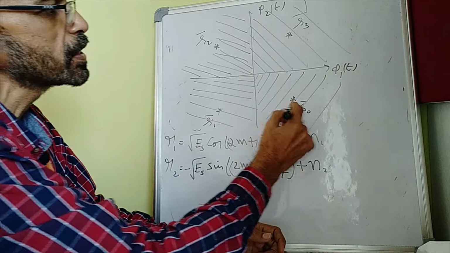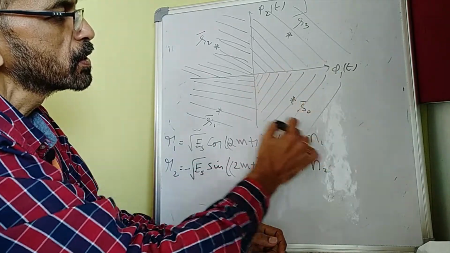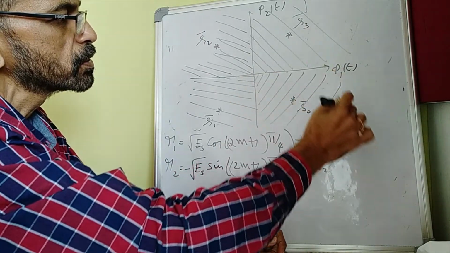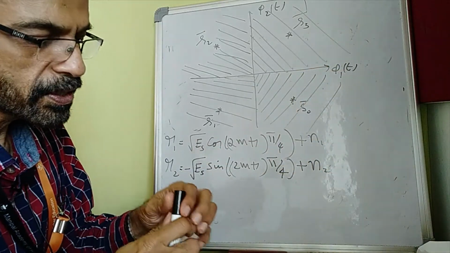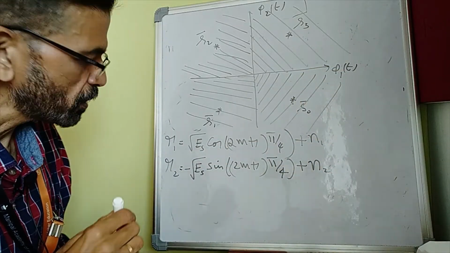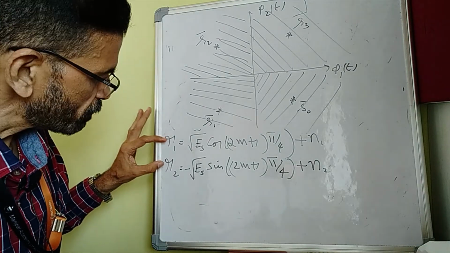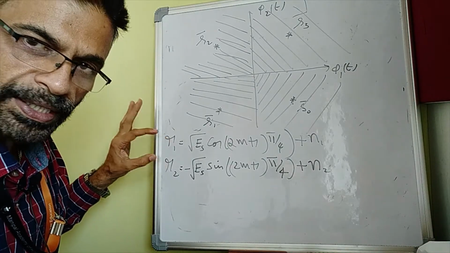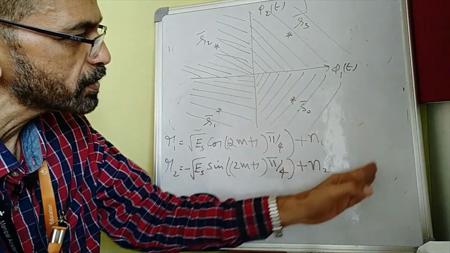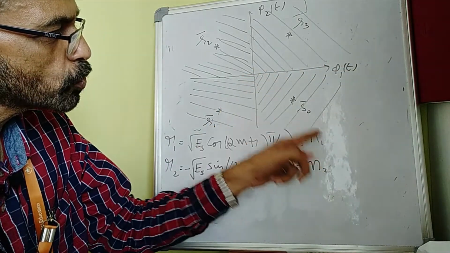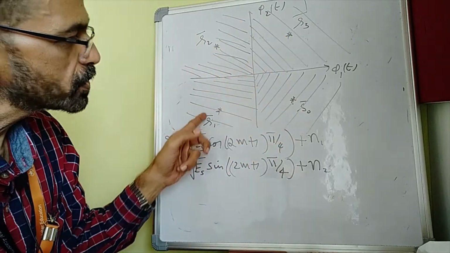So we can declare this region to belong to the signal S0T, in the sense that if we determine R1, R2, and the point identified by R1, R2 lies anywhere in this quadrant, that point is closer to this than the other 3.